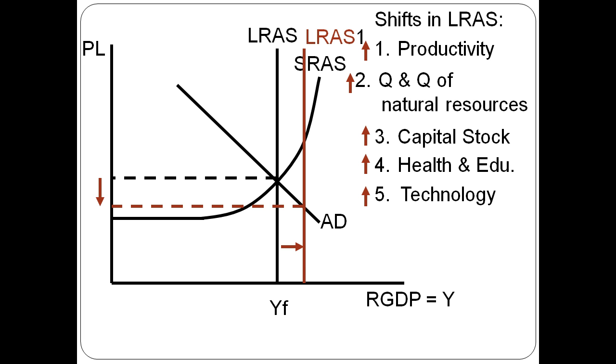So if it's short-run productivity gains, it's going to affect the short-run aggregate supply. Long-run productivity gains are going to affect the long-run aggregate supply. So be sure that you keep those determinants separate, the ones that will shift the long-run aggregate supply and those that will shift the short-run aggregate supply. You don't want to confuse them.